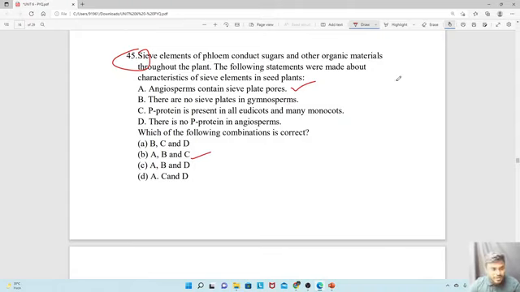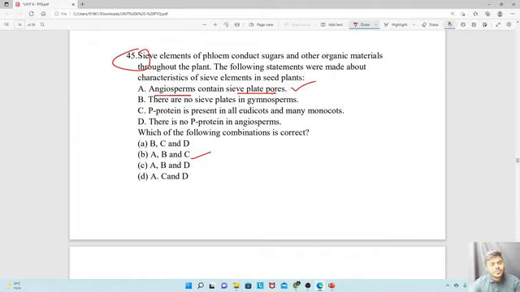I already told you, friends, sieve plates are abundantly present in the higher developed organisms. So what are the higher developed organisms when compared to the gymnosperms? They are undoubtedly angiosperms only. So angiosperms contain sieve plate pores.